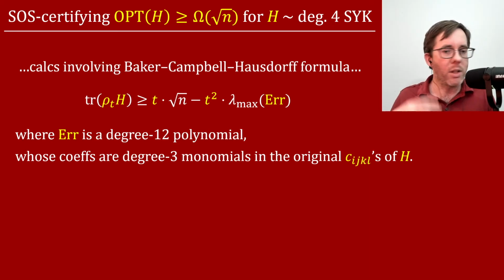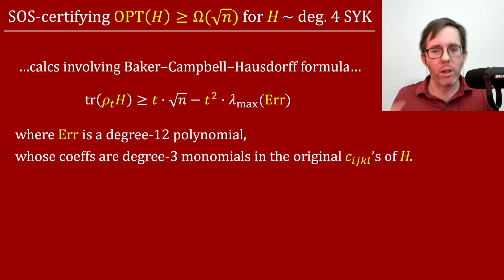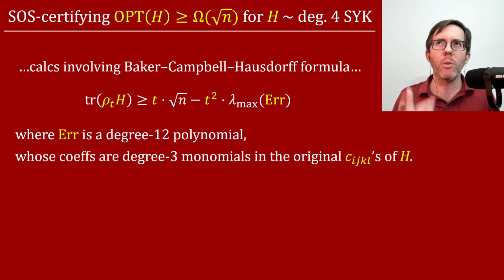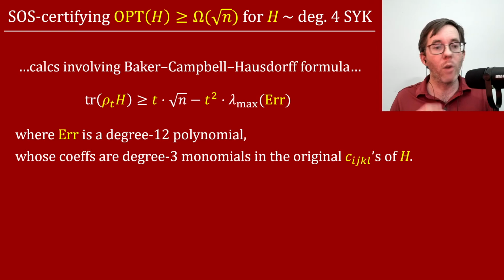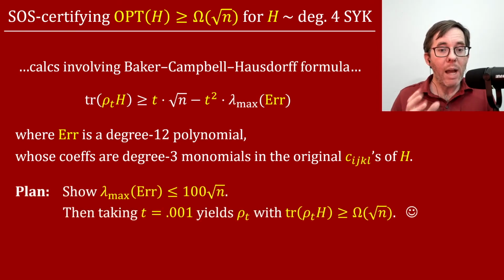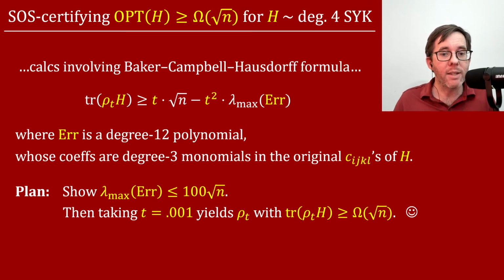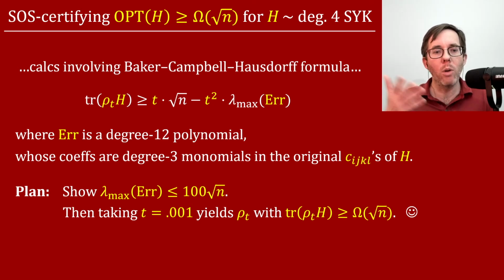This error polynomial is an explicit degree 12 polynomial whose coefficients are degree 3 monomials in the original coefficients C_ijkl of H. What we now want to do is prove that the maximum eigenvalue of this error polynomial is at most something like 100 square root n. If we can do this, then by taking t suitably small, like 0.001 or something, we get as a consequence that opt H is at least big omega of square root n, as desired.